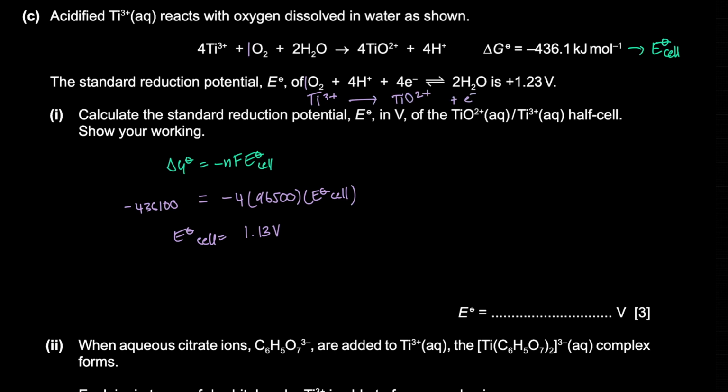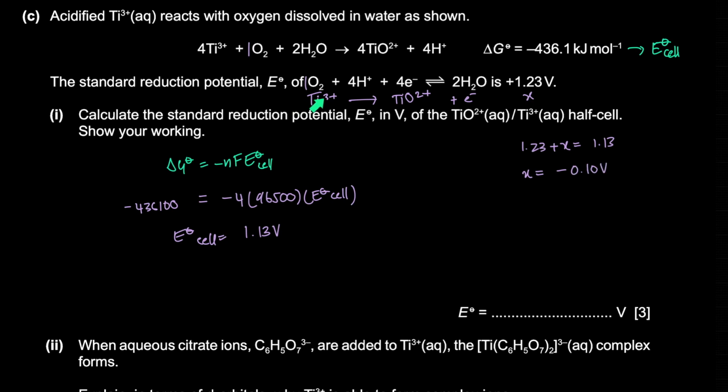Obviously this isn't the balanced equation, but we can find the EMF of this half cell. Let's call this X. We know that 1.23 plus X gives us 1.13, the overall EMF of the cell, right? This half equation plus this half equation gives us the overall EMF. So then what is X equal to? X comes out to negative 0.10 volts.